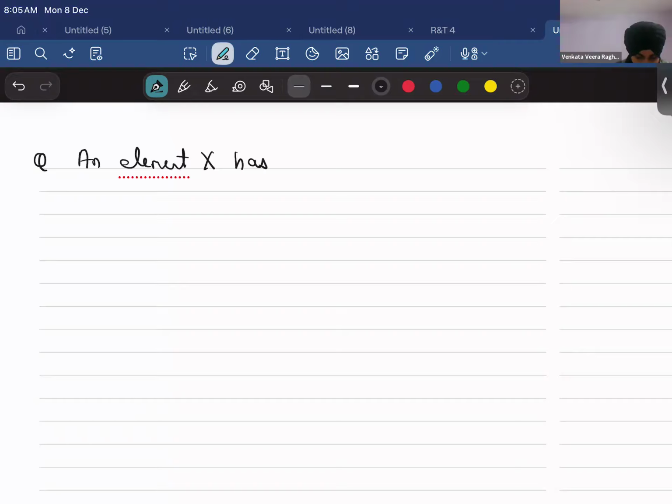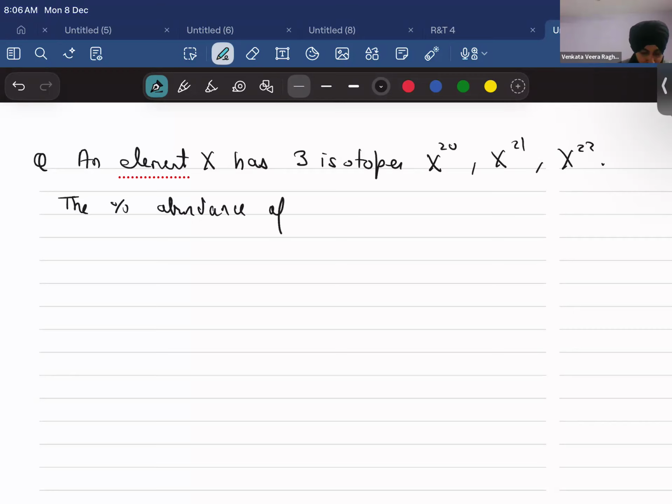An element X has three isotopes: X20, X21, X22. The percentage abundance of X20 is 90%. It's given to you.